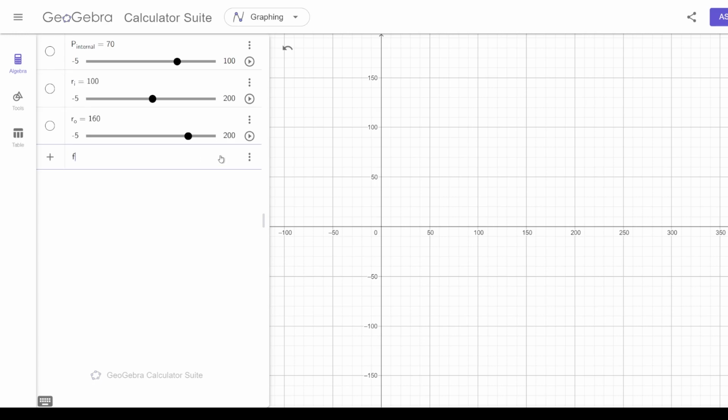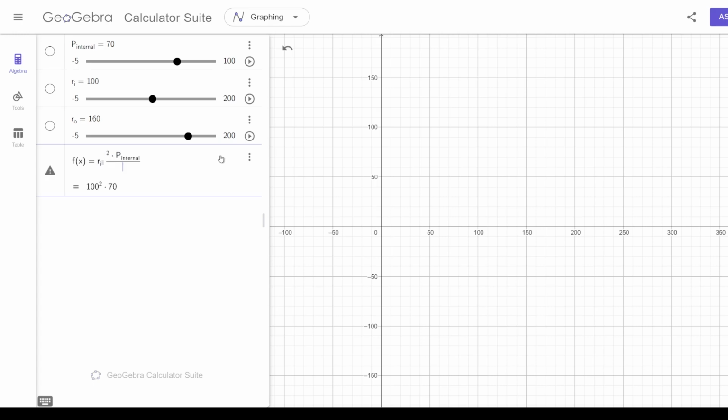Perfect. Now let's call this f of x the circumferential stress, and I'm going to copy directly from what we have written before. That is r internal squared times p internal, and this all has to be divided by the difference of the squares.